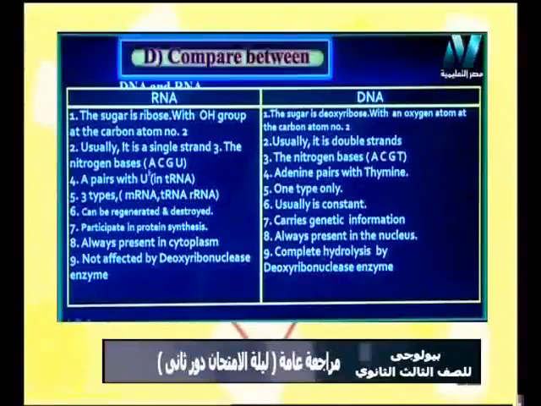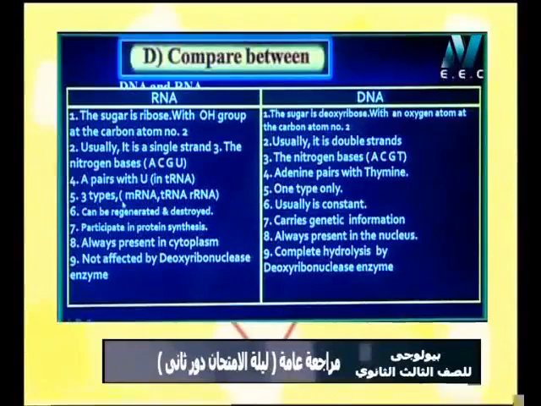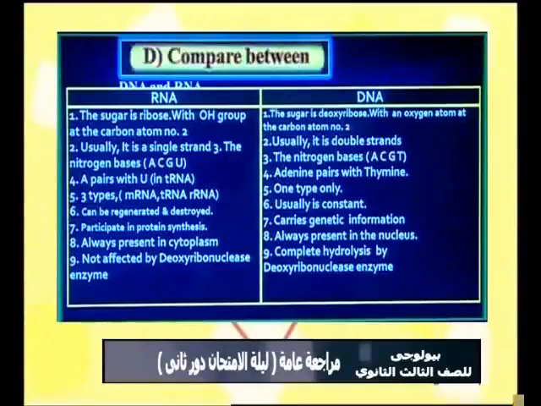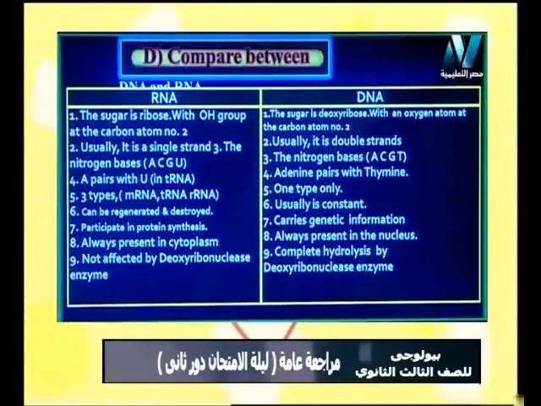هنا ال RNA 3 types of RNA: mRNA, tRNA, rRNA. The RNA can be regenerated and destroyed inside the cell. لكن ال DNA usually is constant علشان ده الجينيتيك material.